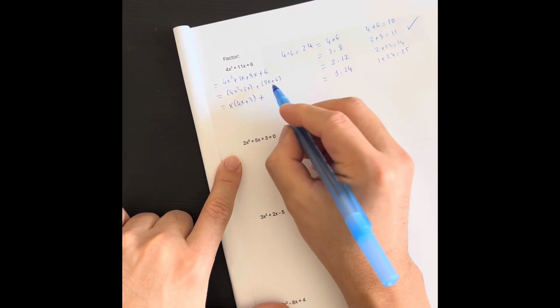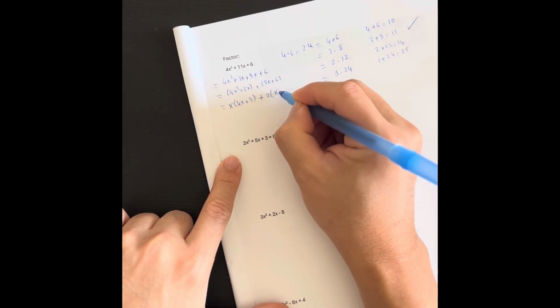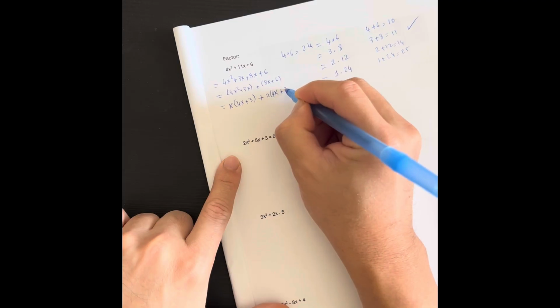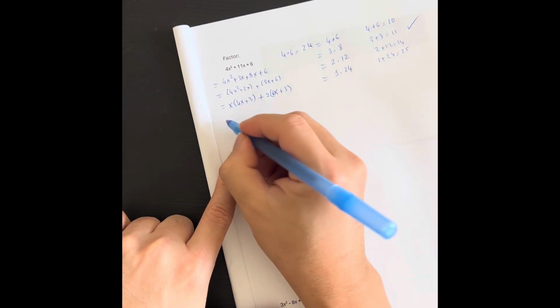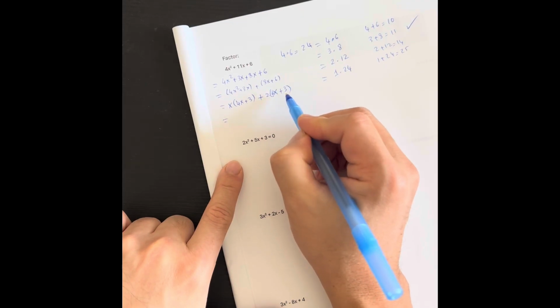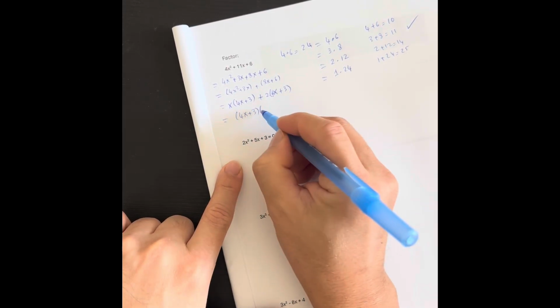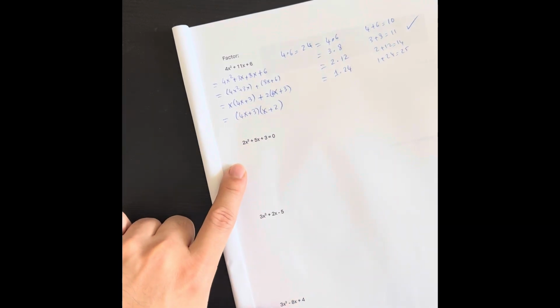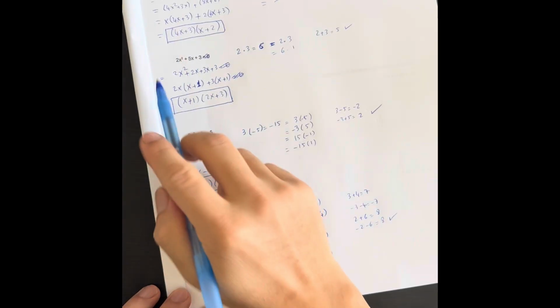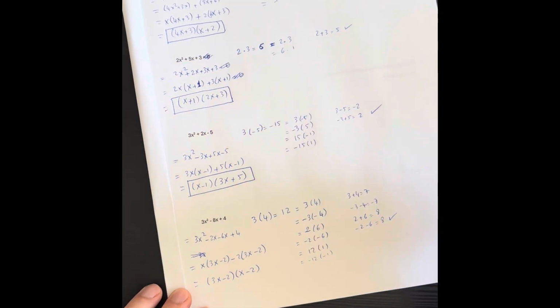And these two terms have 2 in common, so that gives 4x plus 3. Now we see this has 4x plus 3 and this has 4x plus 3, so we can factor out 4x plus 3. So that gives x plus 2. For this one, don't worry about equal 0, you can cross that part out.